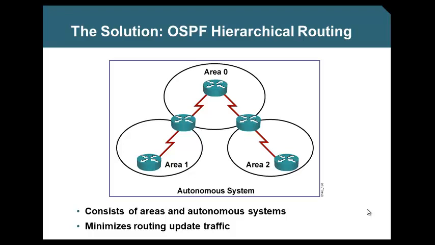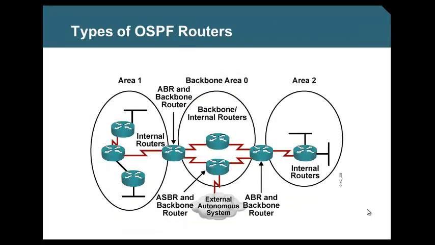But before we move further, we need to learn some details about the router types here. You see the router which is in between two areas, they got the same name. How many border routers do you have? Two border routers. Two ABRs, area border routers. Inside area 0, you also have a router, but the router is not a border router between areas.